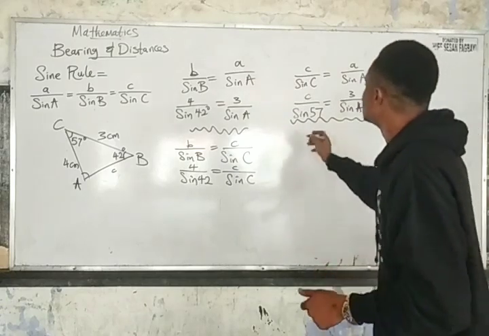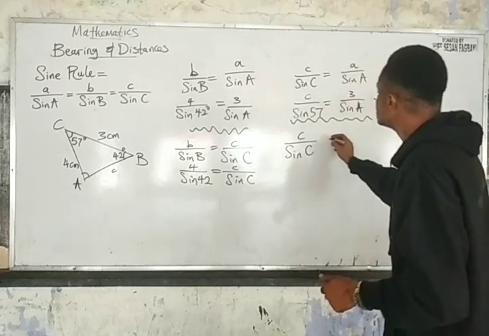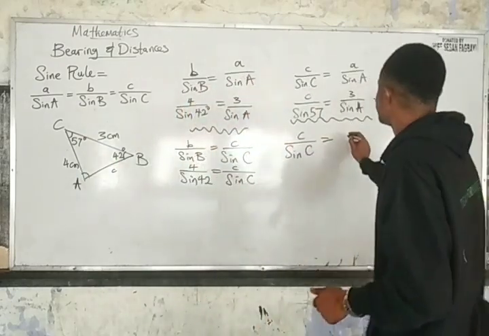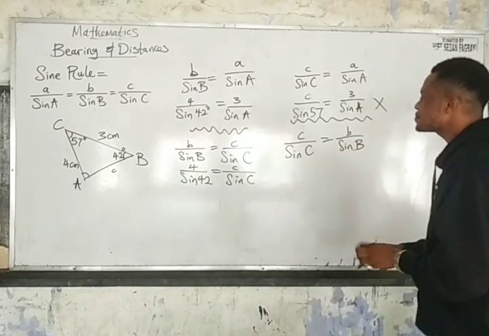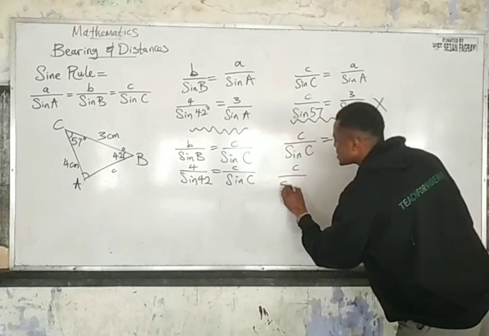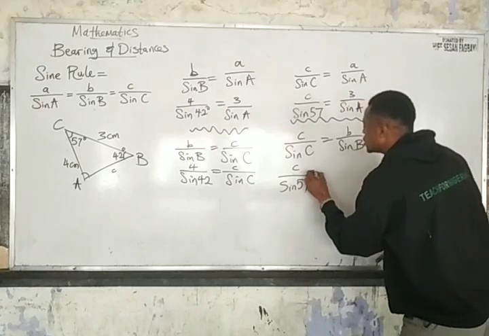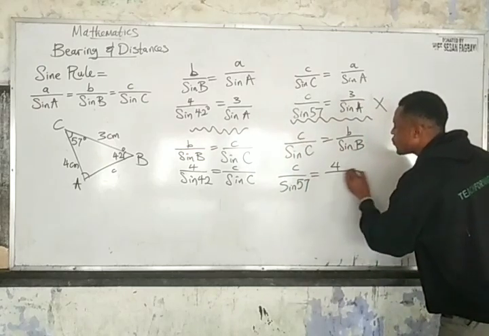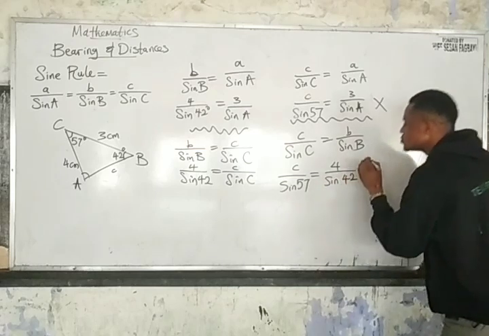Now let's see what will happen with C all over sine C equals to B all over sine B. Of course, C, we are looking for that, all over sine the C, which is 57 degrees, equals to B, which was given to us as 4, all over sine 42.